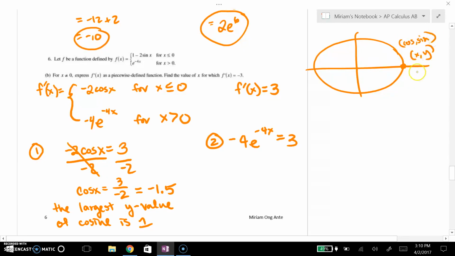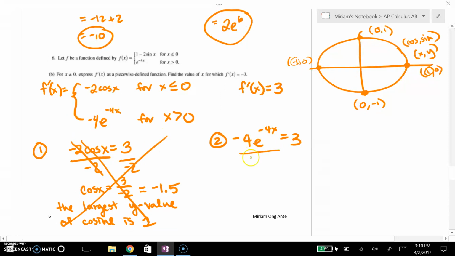Okay? And the largest cosine is going to be 1 comma 0, or this one is 0 comma -1, so 0 is the smallest. This one's -1 comma 0, so -1. This one's 0 comma 1. So the largest value cosine can be is 1. -1.5 is bigger in value than 1, so this cannot be the answer.